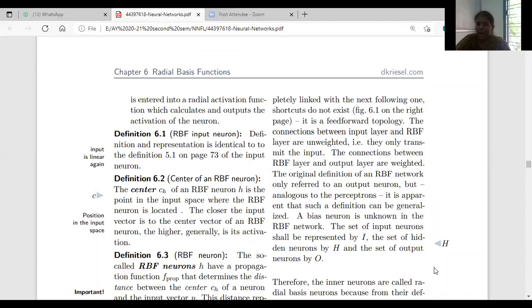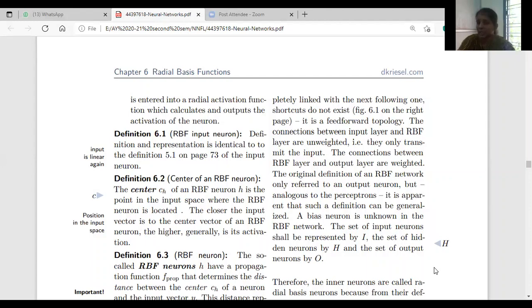So when you are considering the RBF neuron, how do you define the center of an RBF neuron? You may be asked like this. Define the center of an RBF neuron. It's the point in the input space where the RBF neuron is located.